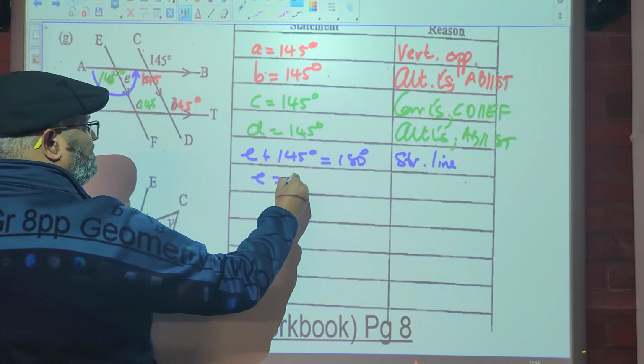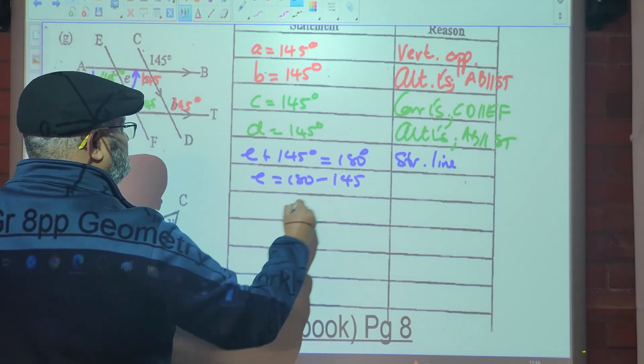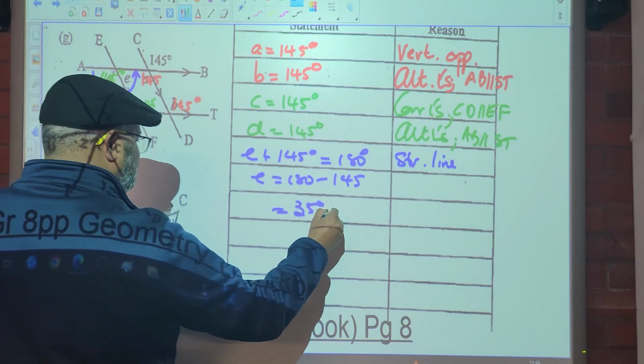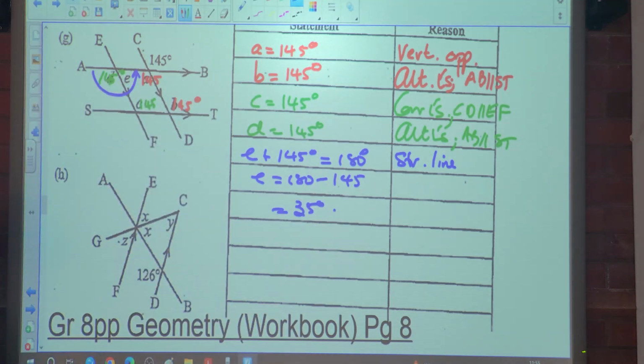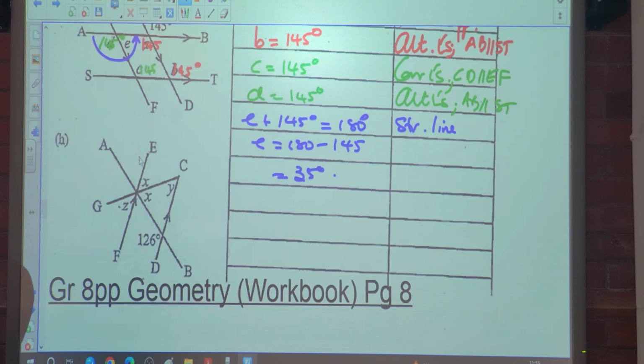So E is going to be 180 minus 145. Any confusion there, people? Is there any confusion? No? H.